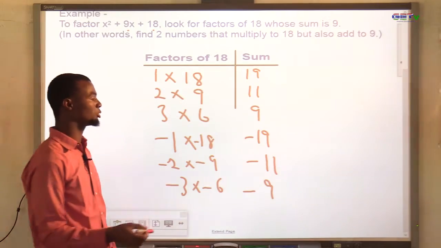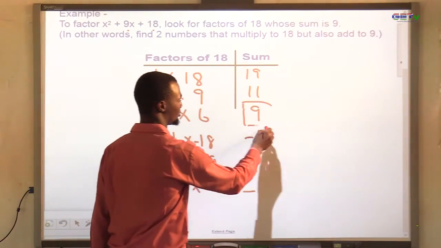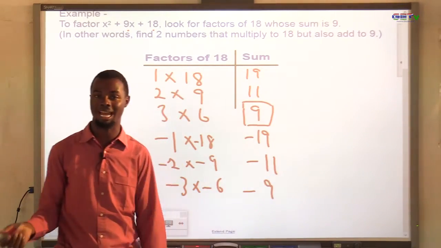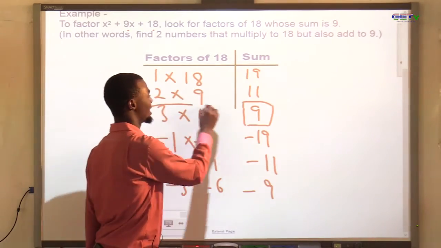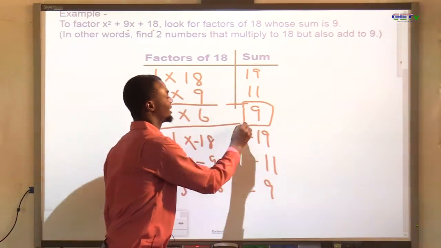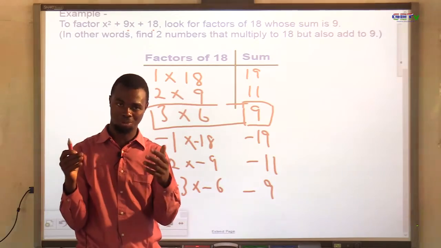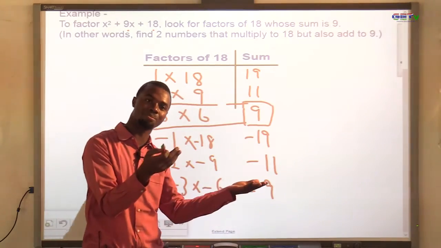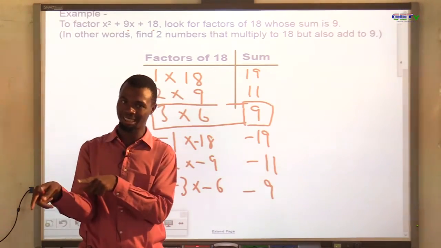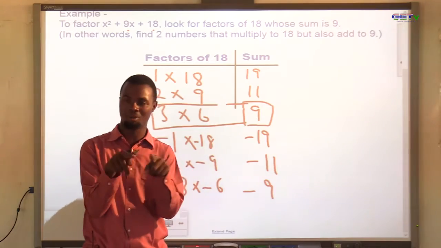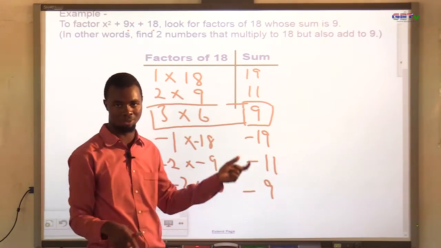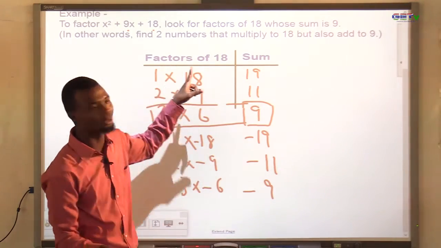What are these two factors? You can see you have only one set of the factors that will give you 9, and these are the ones here. These are the set of factors that if you multiply them, you'll have 18, and if you add the two factors, it will give you 9. So that is what you need to do here.